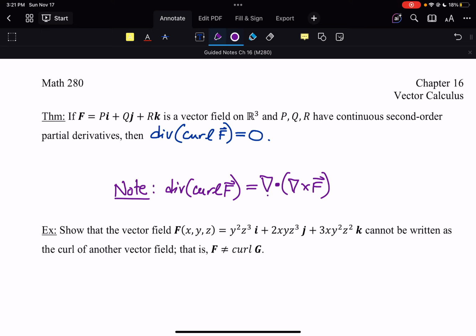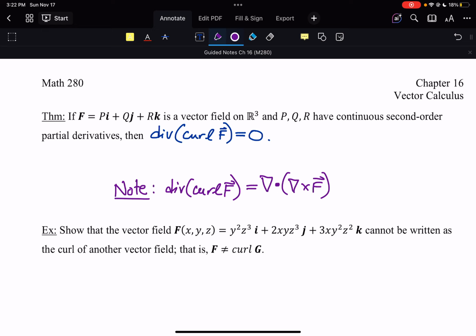The cross product of two vectors is orthogonal to both of the vectors that went into it. This is more of a geometric idea. The dot product of orthogonal vectors is 0. So you're taking something dotted with something it's orthogonal to, and it makes sense that it would become 0.